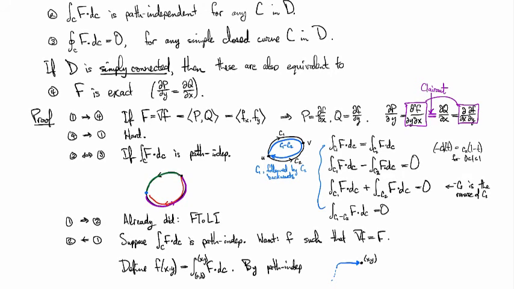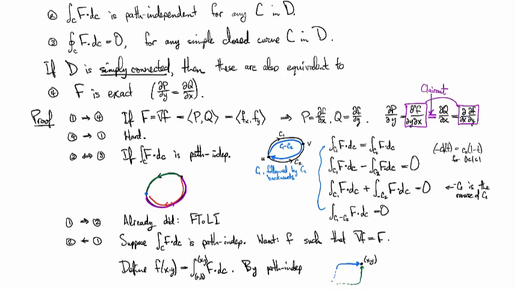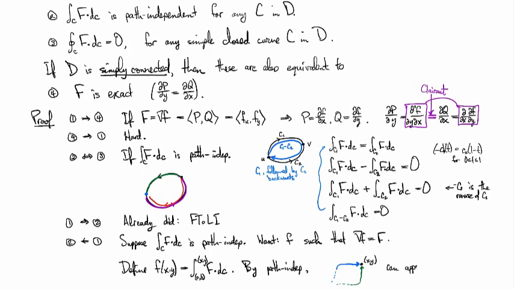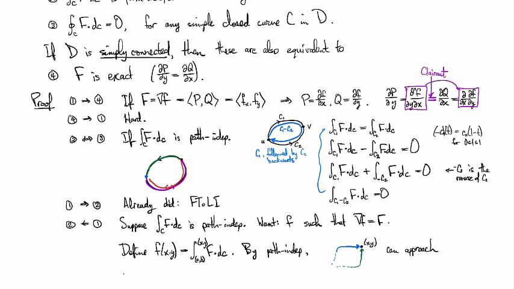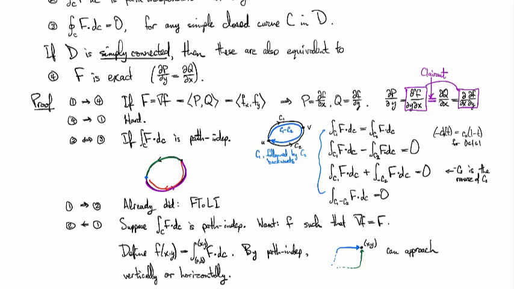Or we could come from (a, b) some other way, and go straight up over the last part of the path. So by path independence, we can approach this vertically or horizontally. And this is why we need the set to be open, just so that we can work around and get to a given point.